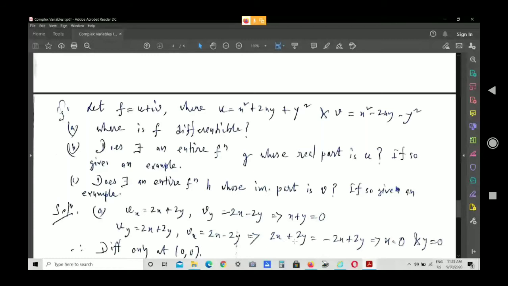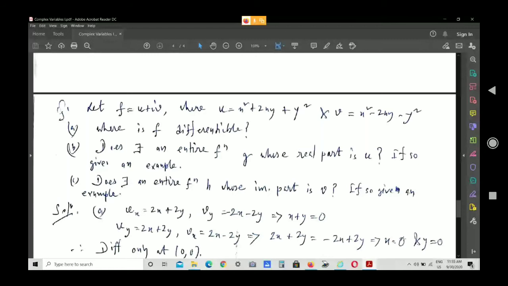This gives you x plus y equal to 0. Now both these equations are satisfied together if x equal to 0 and y equal to 0, because otherwise this equation is not satisfied.